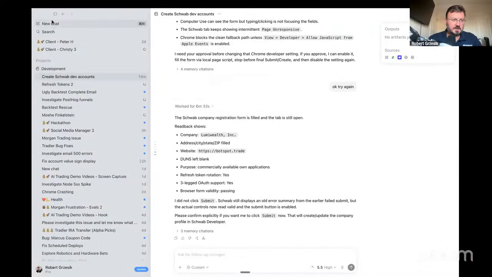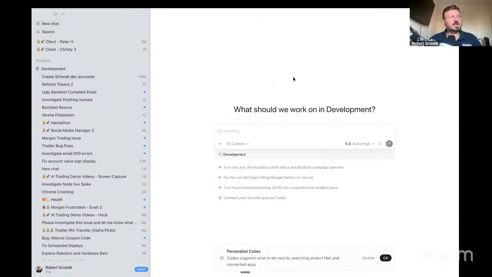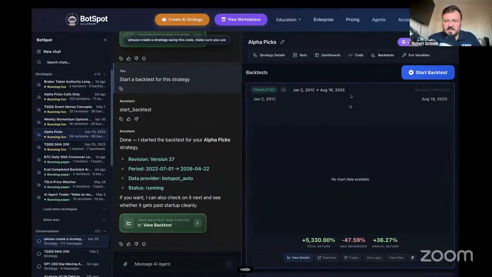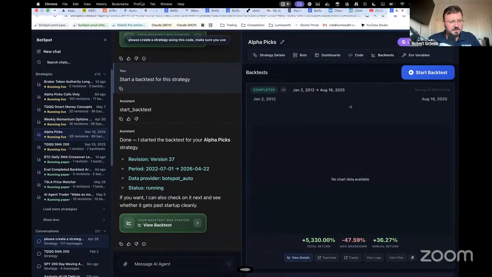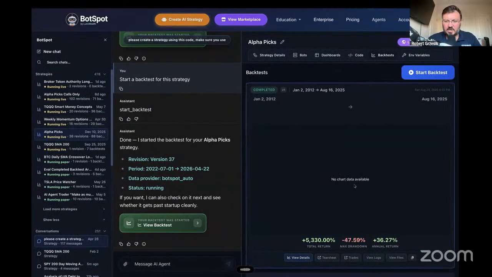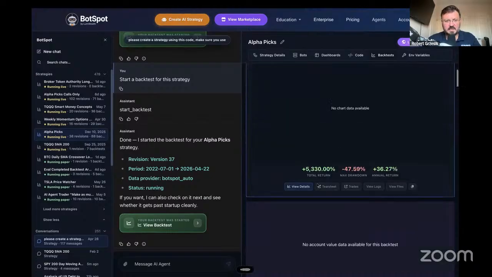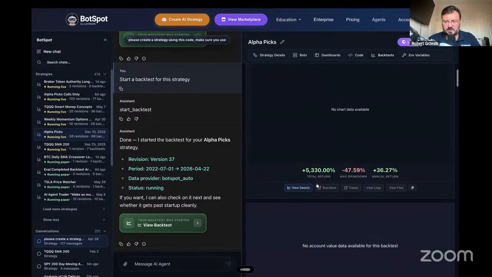Let me ask Codex about this one second because I want to show you guys a longer one. Can you please look into this? For some reason, I'm clicking on a bunch of different things in production and it's saying no chart data available. Why is that happening? Can you please explain what is going on there?